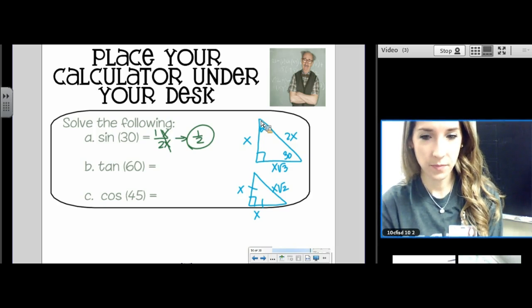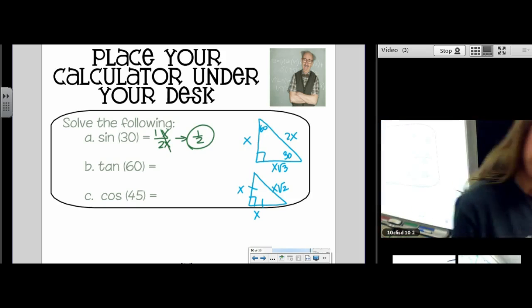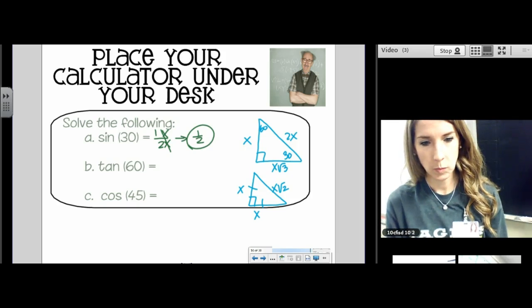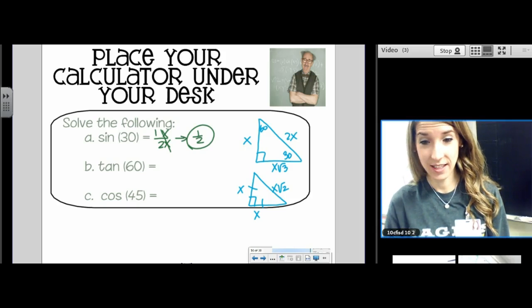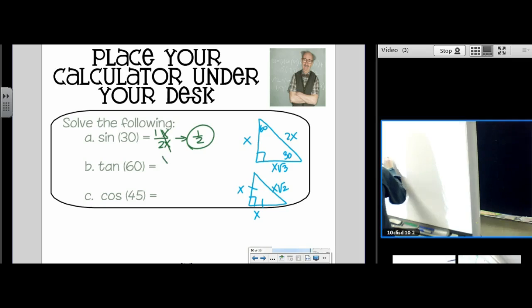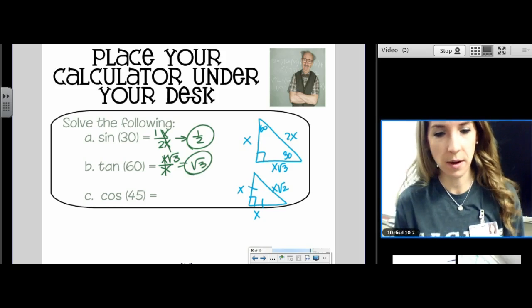Try the next one. What would the tangent of 60 be? Tangent is opposite over adjacent. So the tangent of 60 would be square root 3.